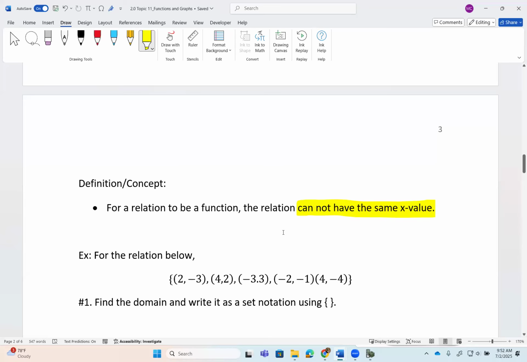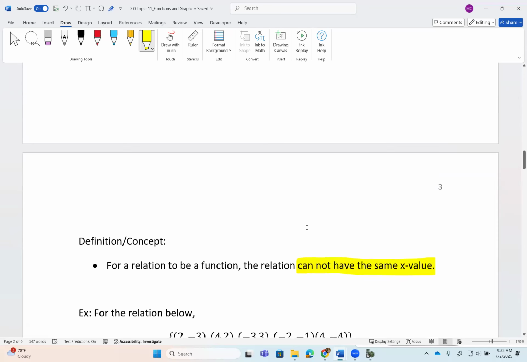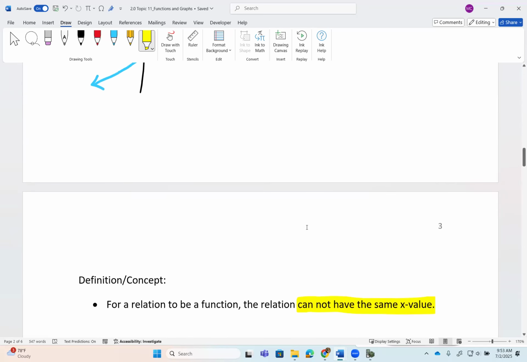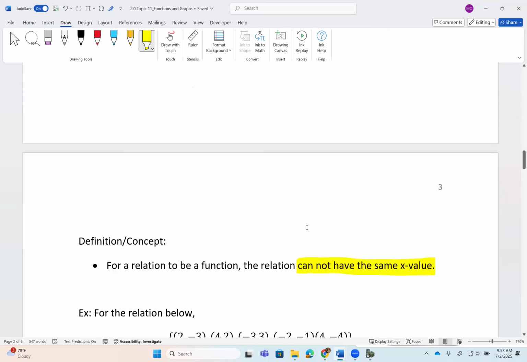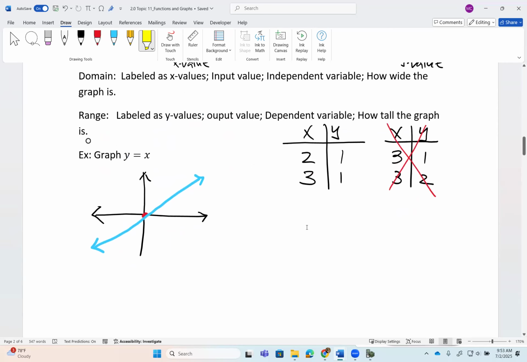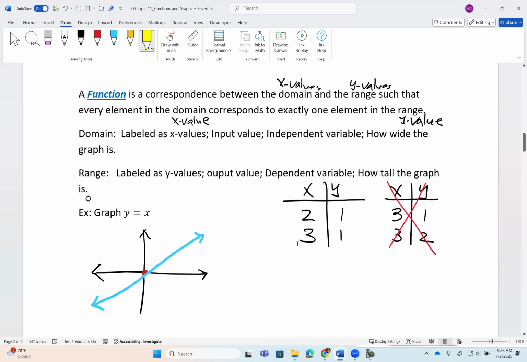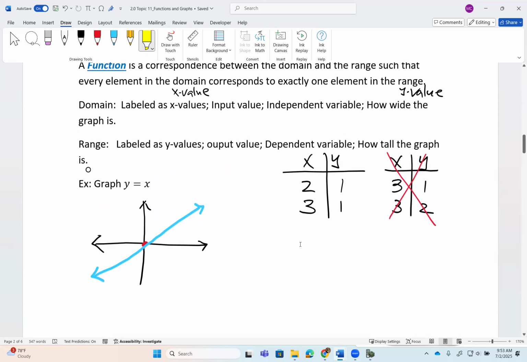As a matter of fact, we can actually use the vertical line to test whether a graph is a function or not in a different topic. So just make sure you understand that every different x value can only correspond to one y value. You just cannot have the same x value, otherwise it's not a function.